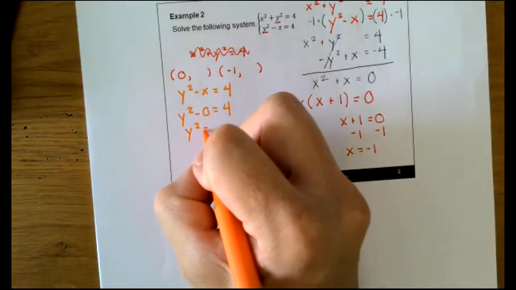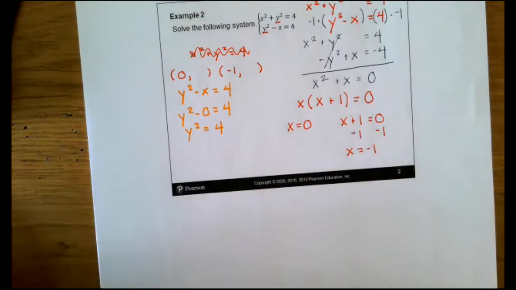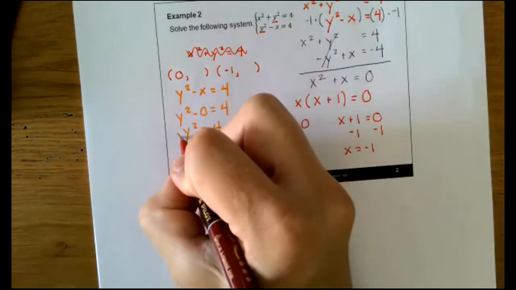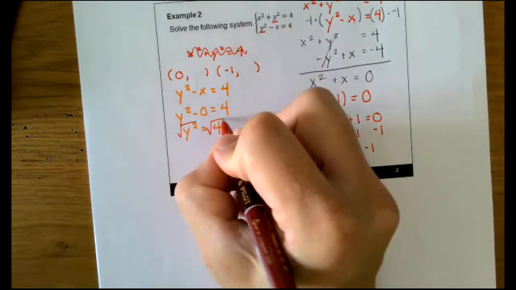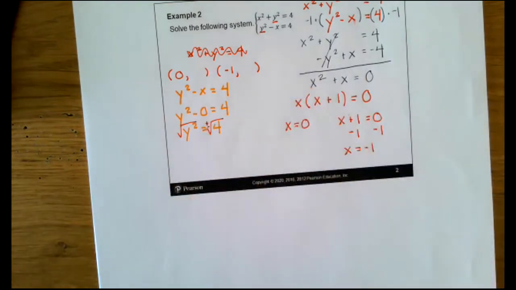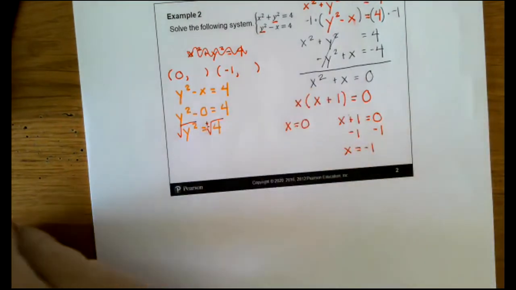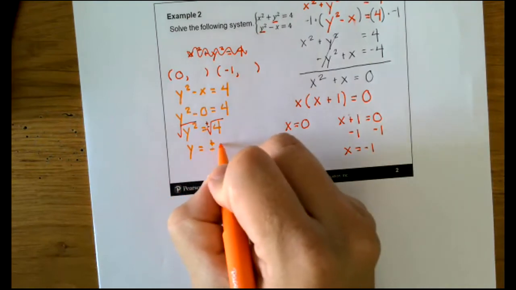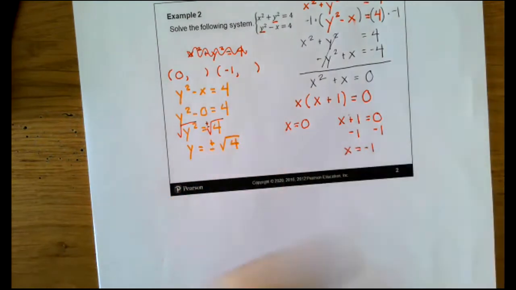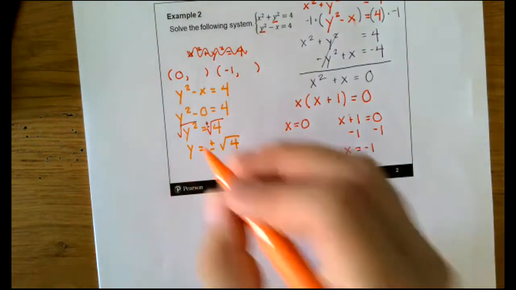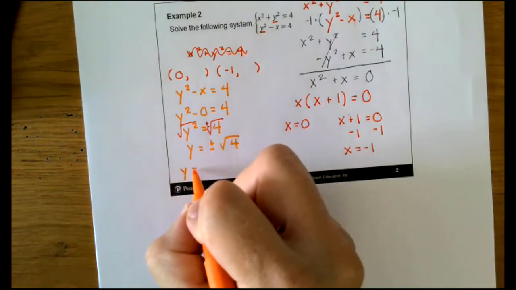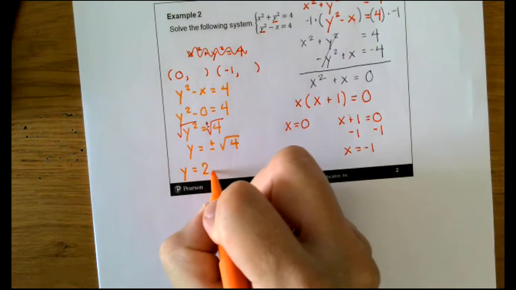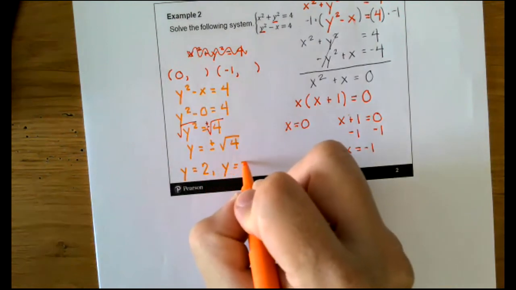Y squared equals 4. Now we square root them both and don't forget the plus and minus. So y equals plus or minus the square root of 4. We know that the square root of 4 is 2, so y has two answers: y is 2 and y is -2.